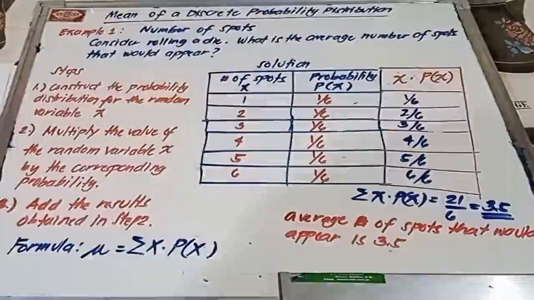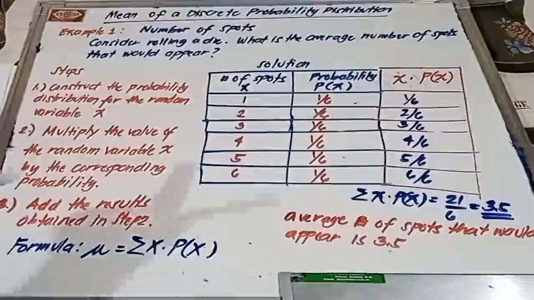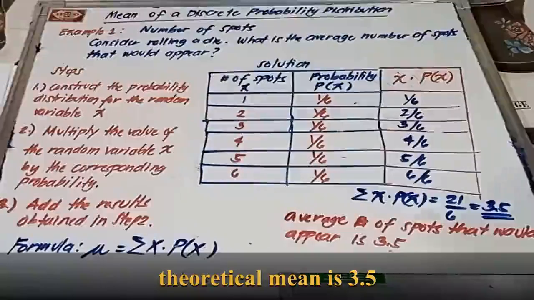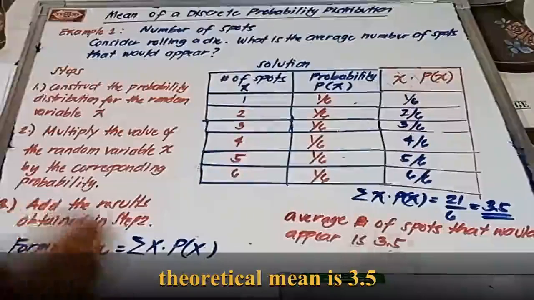Kasi wala namang 3.5 doon sa ating spots kasi 1, 2, 3, 4, 5 lamang and 6. So it doesn't mean na lalabas talaga yung 3.5. Ibig sabihin lang nun, although yung die natin will never show a number which is 3.5, this only implies that rolling a die many times, the theoretical mean would be 3.5.